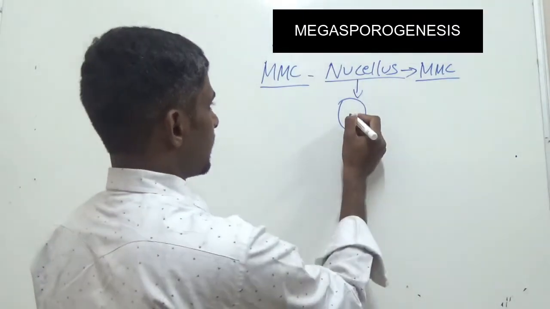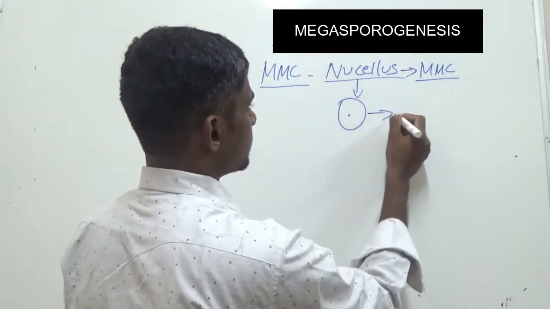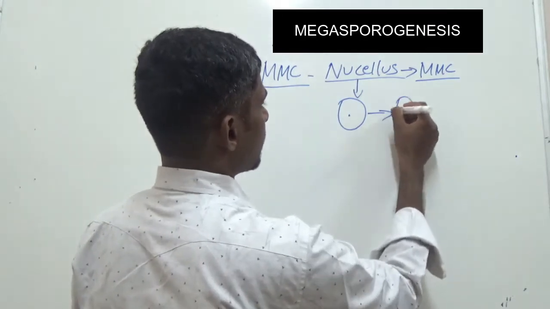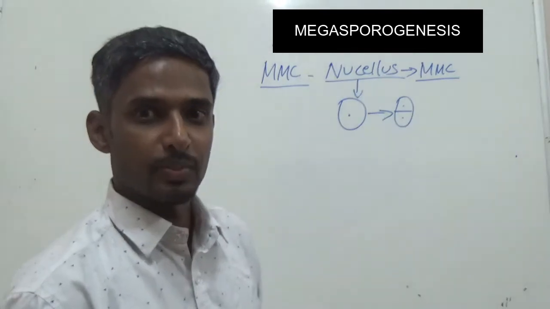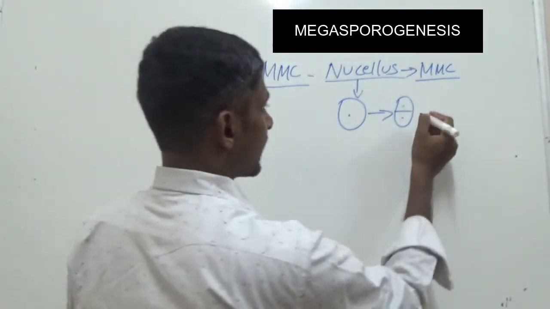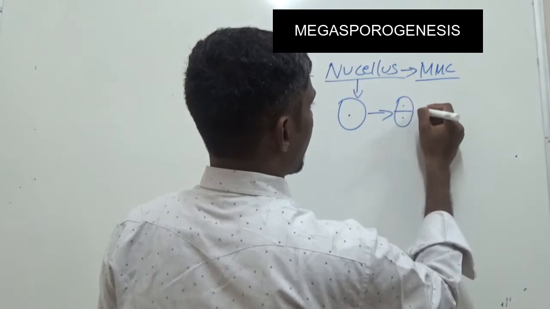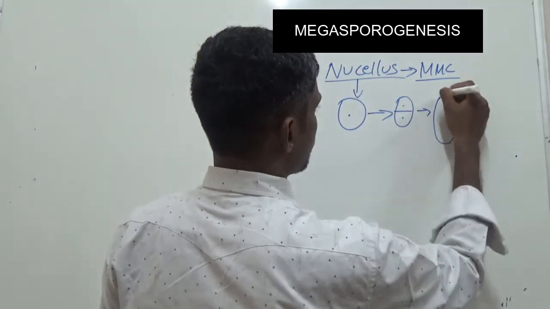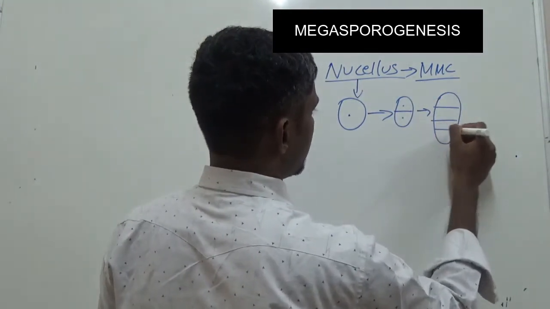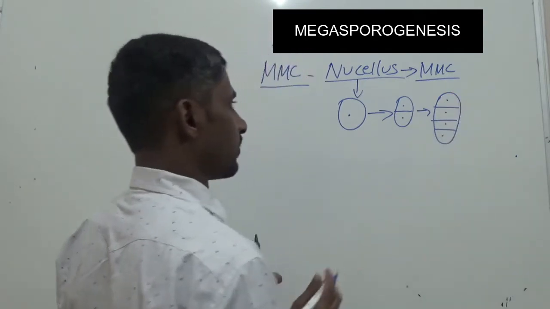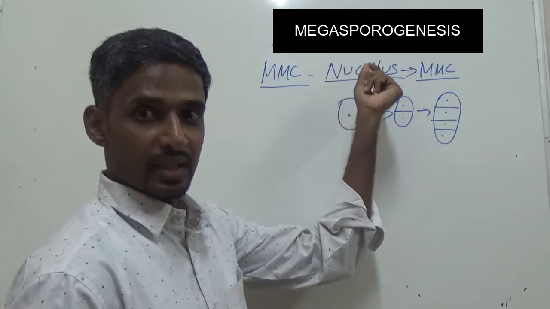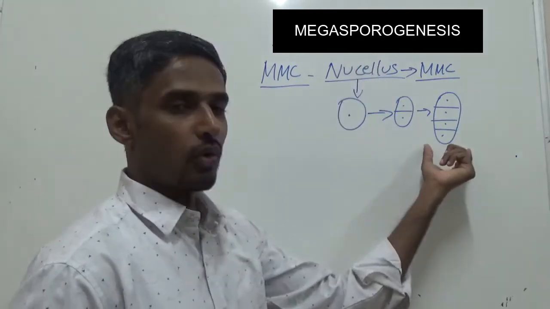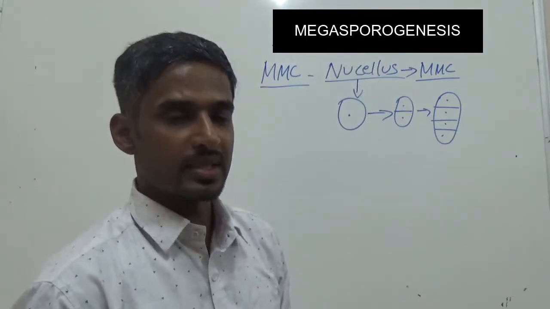Now this cell will undergo division and we will get 2 MMCs, that means 2 megaspore mother cells. This will again undergo division and will give rise to 1, 2, 3 and 4 MMCs. Now from one nucellus cell we have 4 megaspore mother cells.